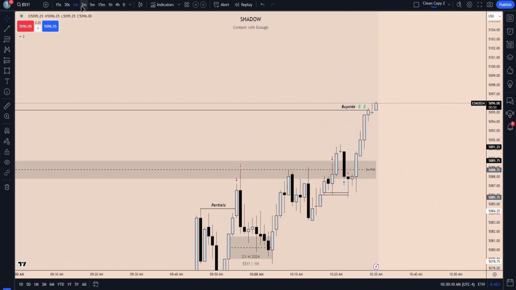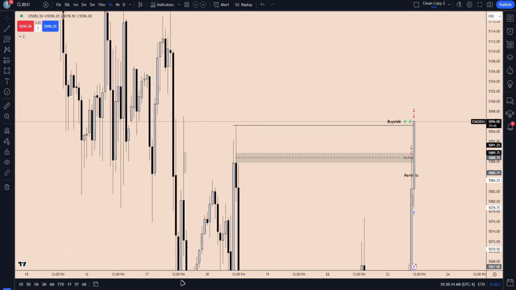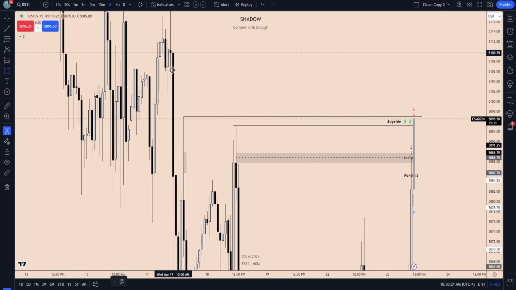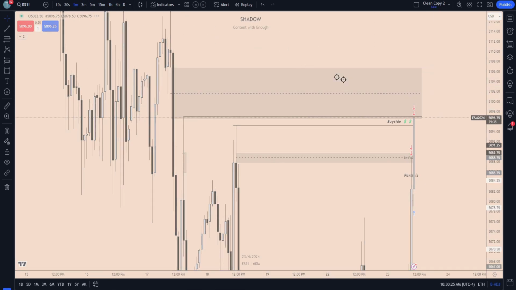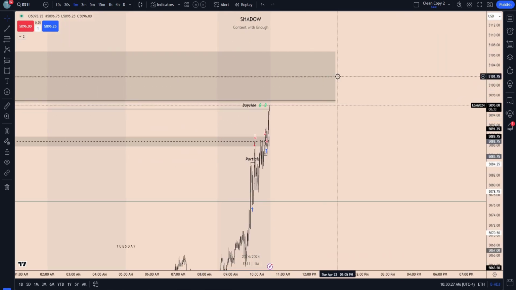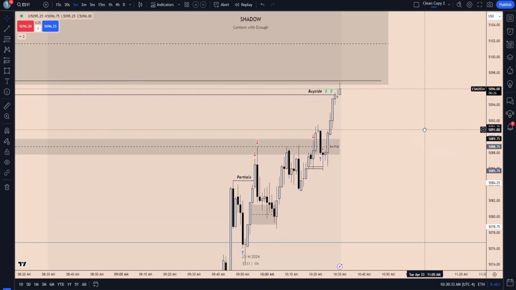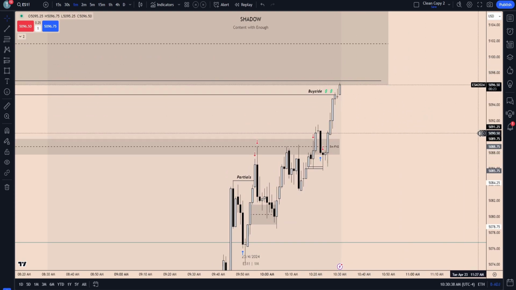Interesting. Okay, so we may actually want to go for this high too. And then after that, we have this whole inefficiency. Want to see how the 10:30 candle closes.